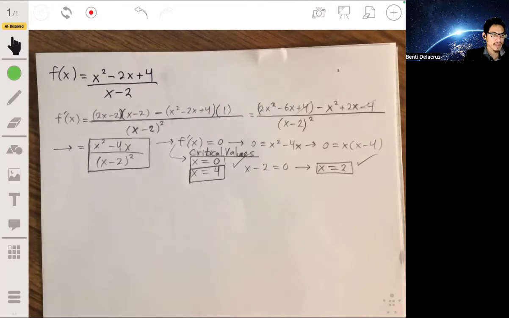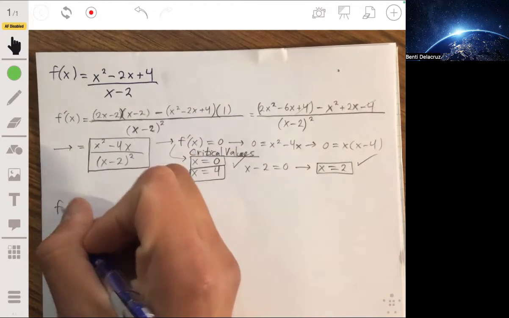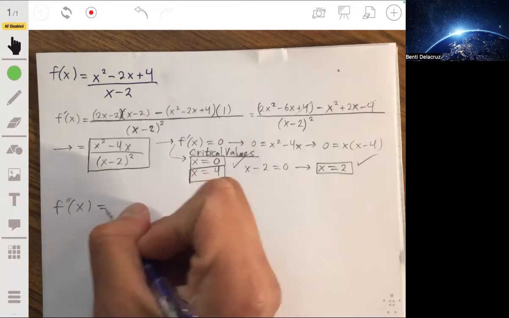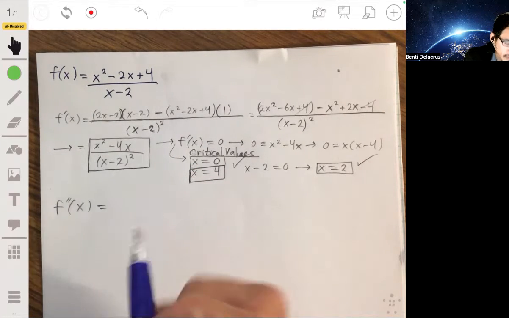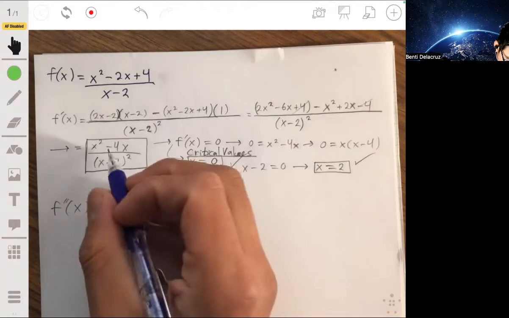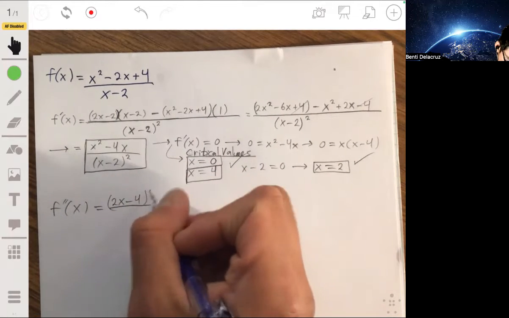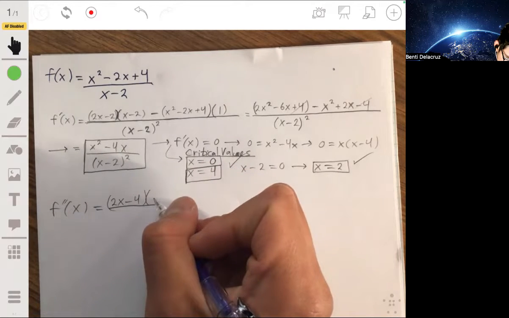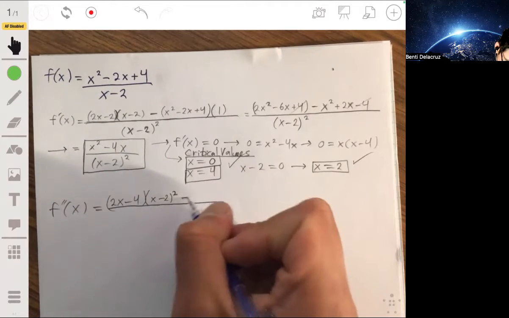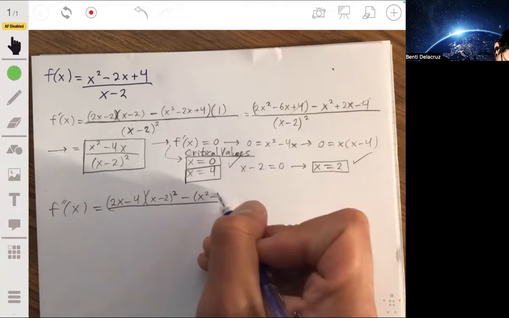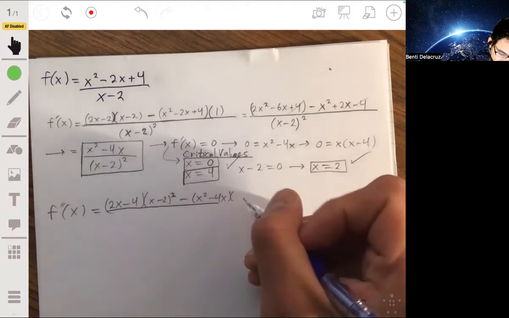Okay, now let's find the second derivative. We're using the quotient rule again. The derivative of the top, 2x minus 4, times the bottom function, minus the top function times the derivative of the bottom function. So we're going to use the chain rule there.